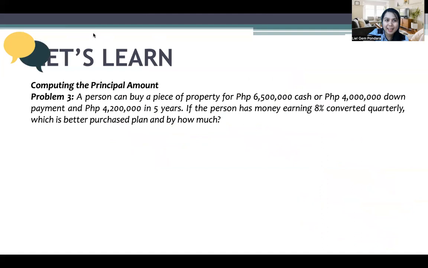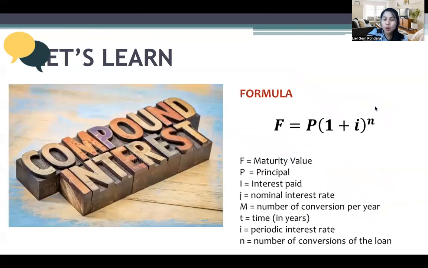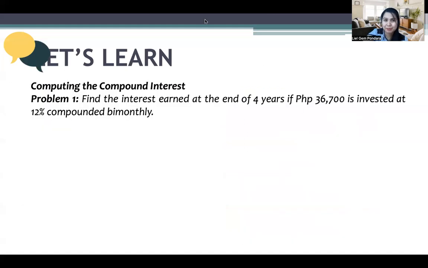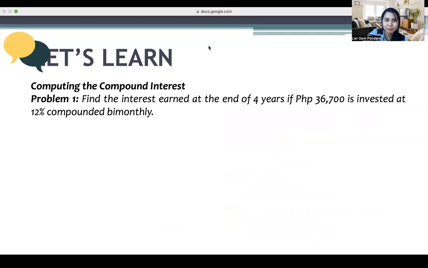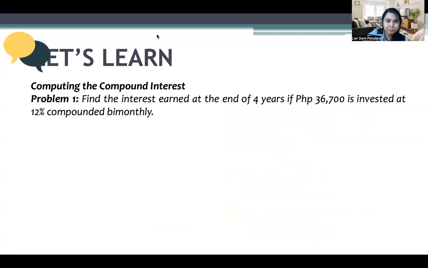Now let's go to the next problem. In the next type of problem, we will solve for the interest paid. Remember that the interest paid is the future value, the maturity value, minus the principal. So let's compute. Number 1: find the interest earned at the end of 4 years.